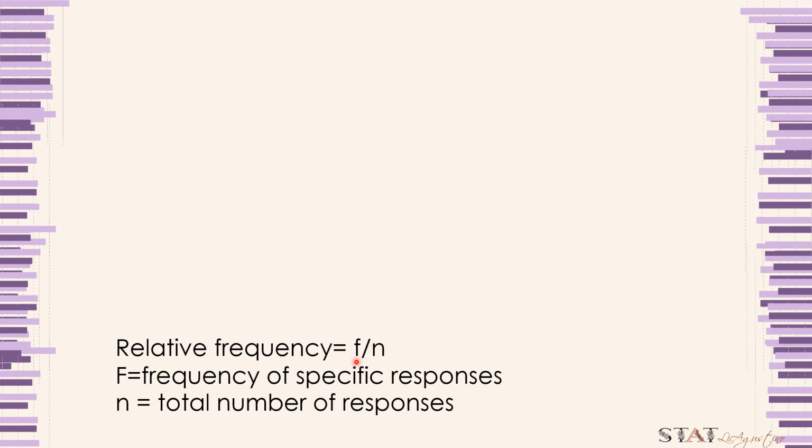So it is the frequency over the total number of responses or occurrences. The frequency is F, defined as the frequency of specific responses or categories.